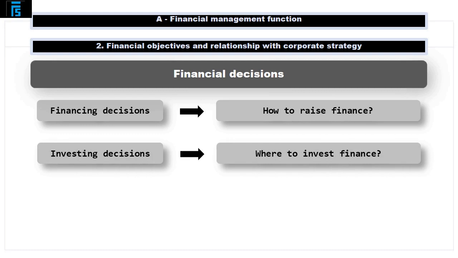Investment decisions as to where the company will invest the finance raised. This decision can itself be split into three categories, namely working capital, investment appraisal, the improvement in the infrastructure of the existing business, and company acquisitions, the purchase of new businesses.